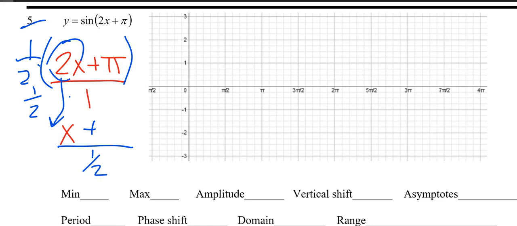What do you get on the top when you distribute the... You get x plus what? Don't you tell me pi. Pi over 2, thank you very much. That's why we have to distribute it to both. That's why if you said to me that the phase shift was negative pi for this question, you would be wrong.